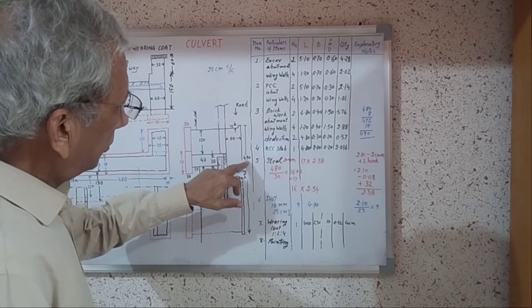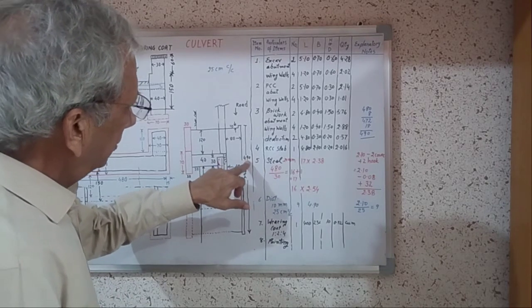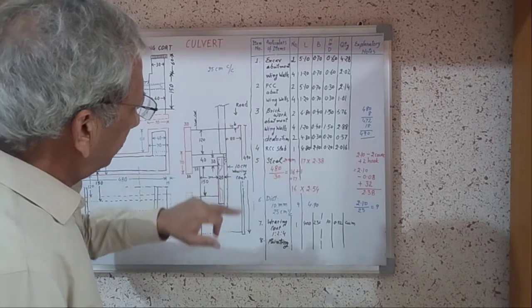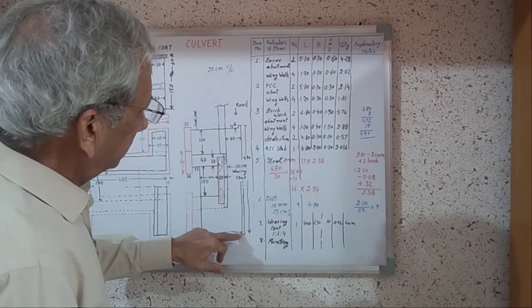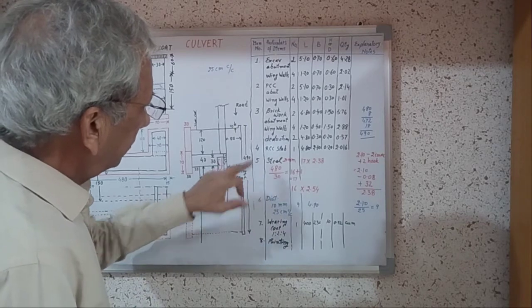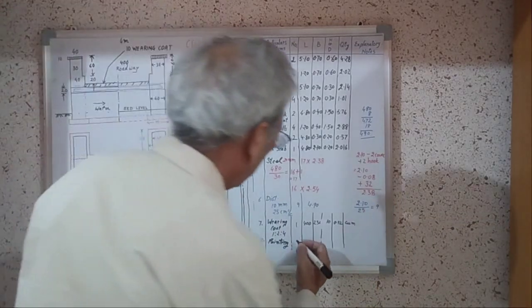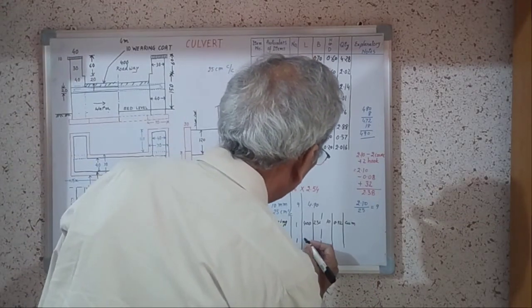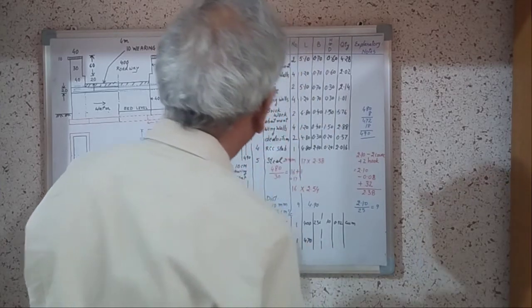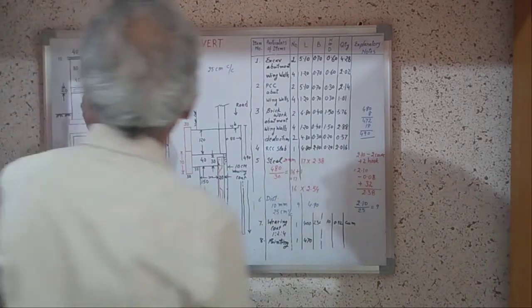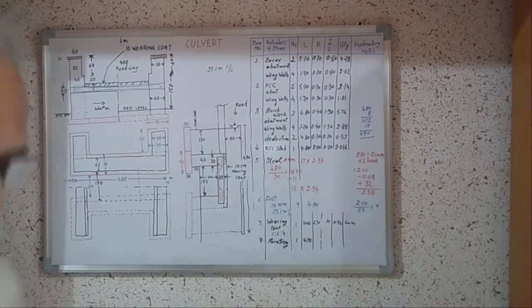This is 490, but excluding this coping, 10 centimeter and 10 centimeter, it will be 470. One number. 470 is the length.